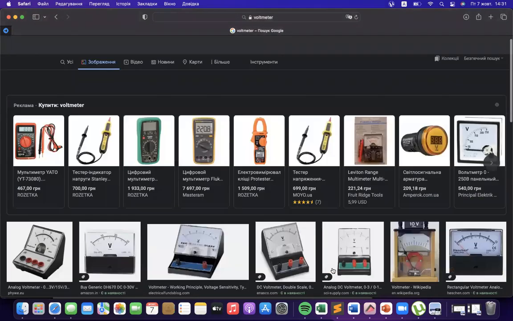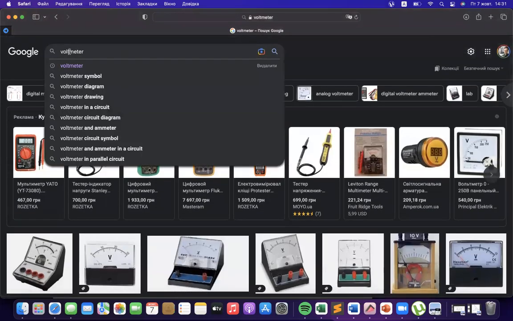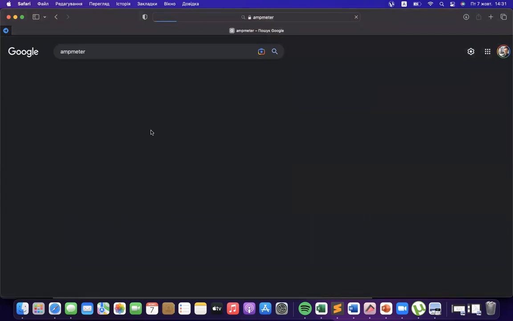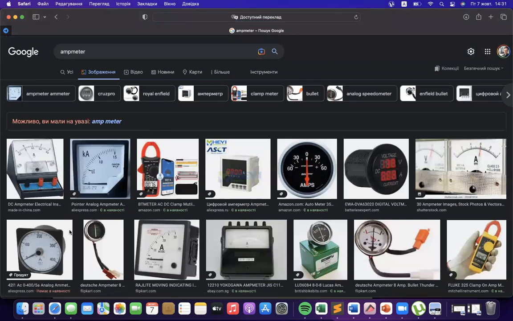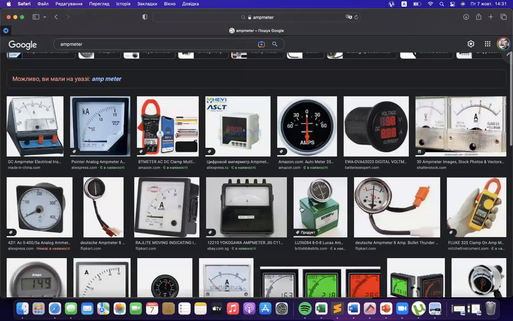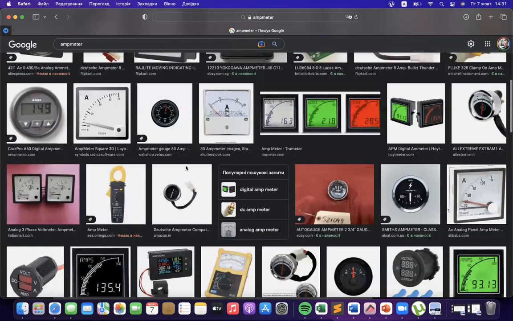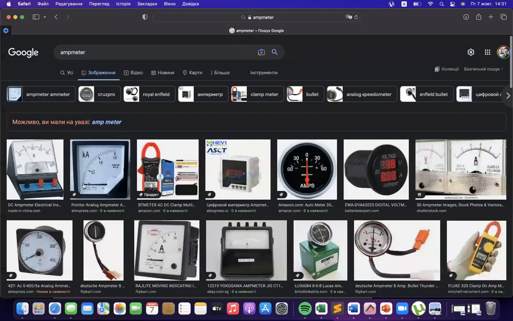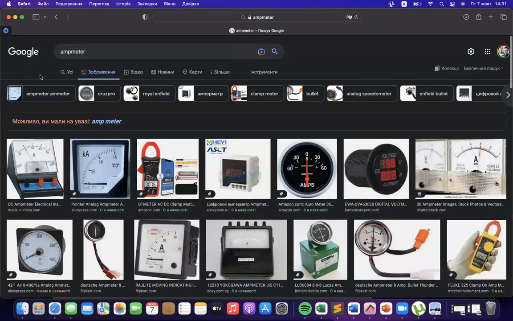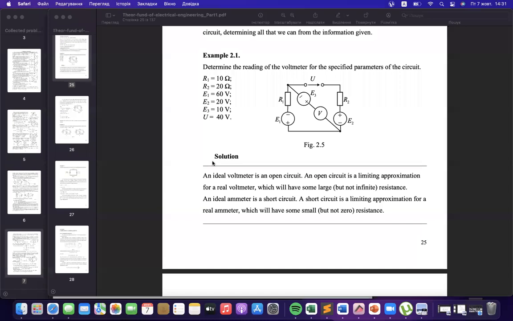The main idea is to measure voltage in volts, and the same with amperemeter. It measures current in the network. There are lots of views of how it looks. The main idea is you connect this device and obtain the current in the circle. What's the difference between them? The main difference is how they are connected and which type of resistivity they have.